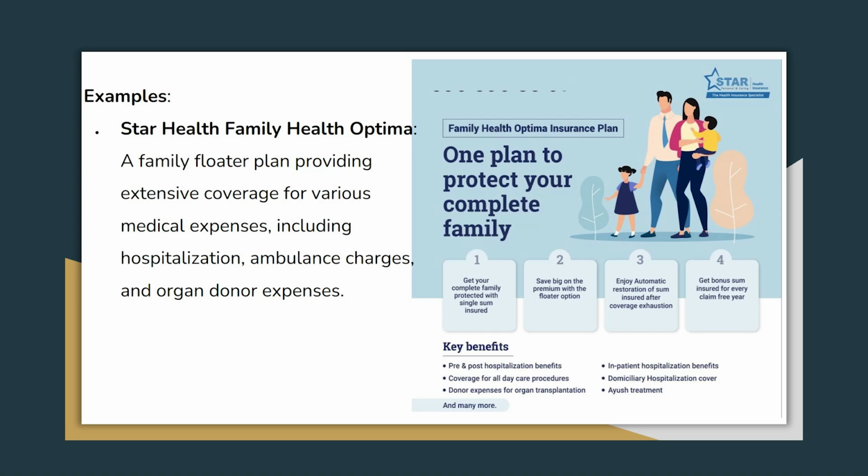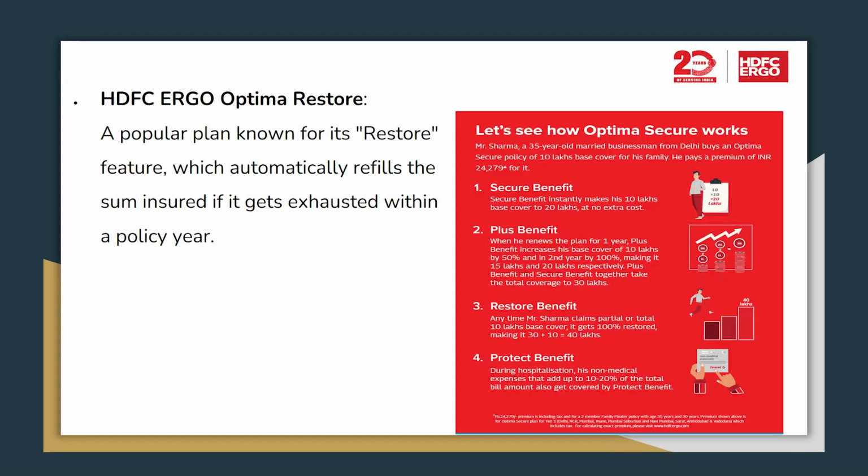There are also insurance companies like HDFC Ergo, which offers various other benefits, and the individual can opt for either of the insurances, and likewise they can make their choice of health insurance.